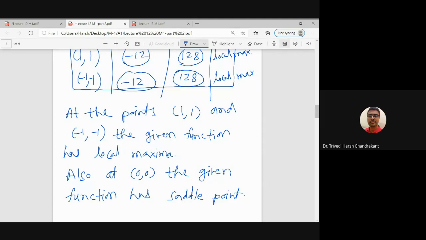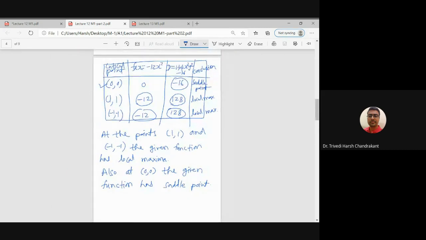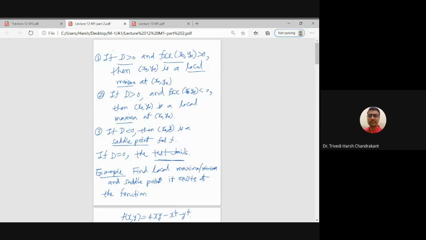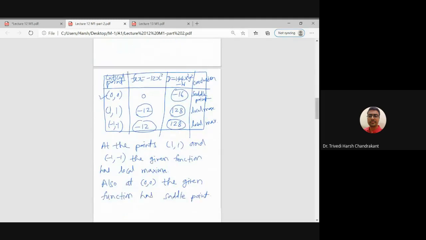So using the discriminant being negative at (0, 0), we have noted that (0, 0) is a saddle point. But if you recall the definition of saddle point, then let us go to that, because it was in the second PDF.